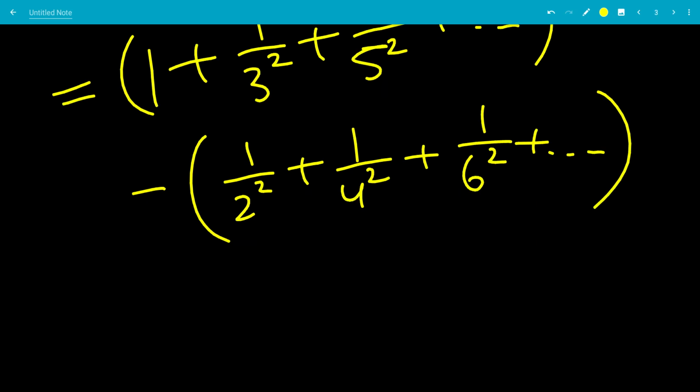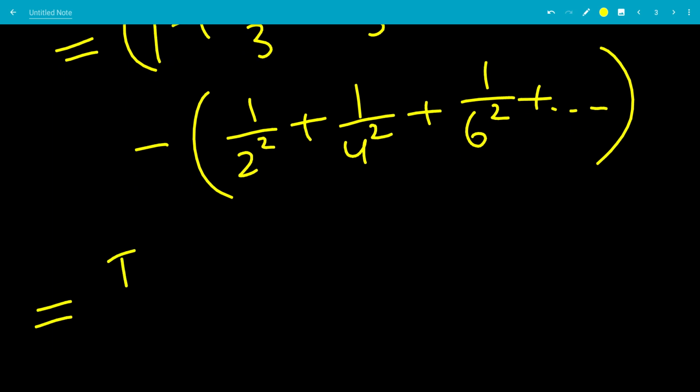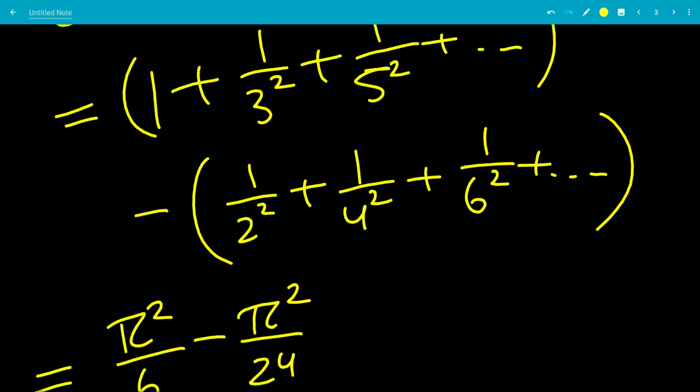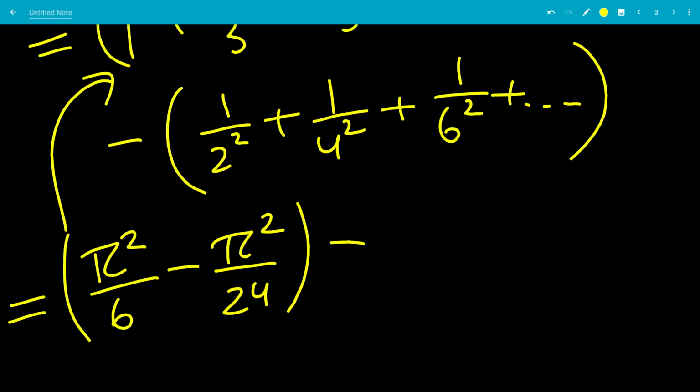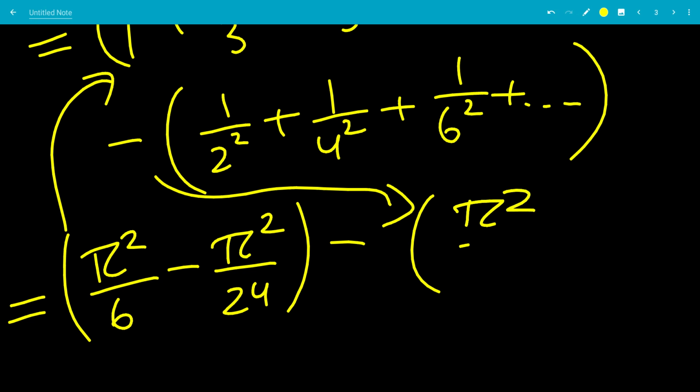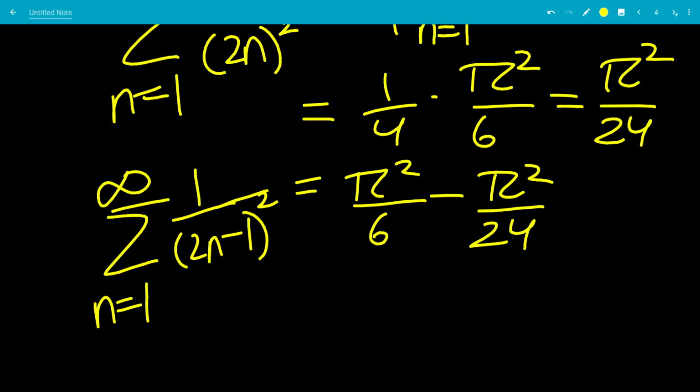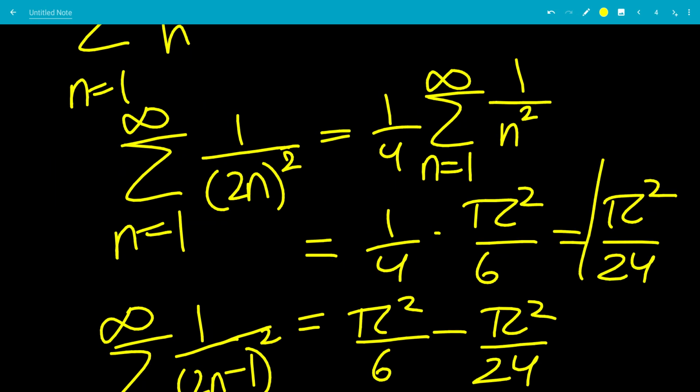Okay, that means we're given everything. So this is pi squared over 6 minus pi squared over 24. This parentheses is this term. Then I have to minus this parentheses. And this will just be pi squared over 24, like we said, right? Yeah, the even parts is pi squared over 24.